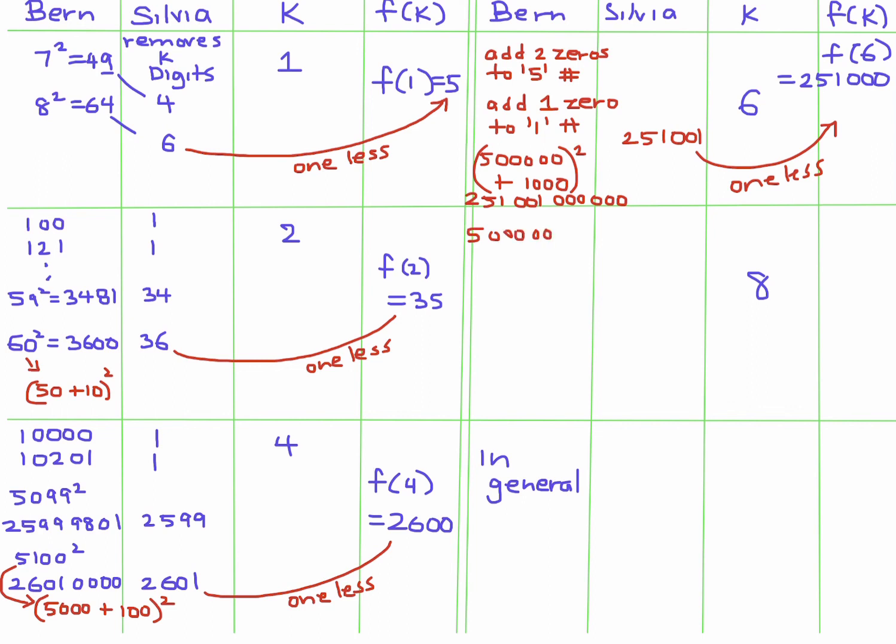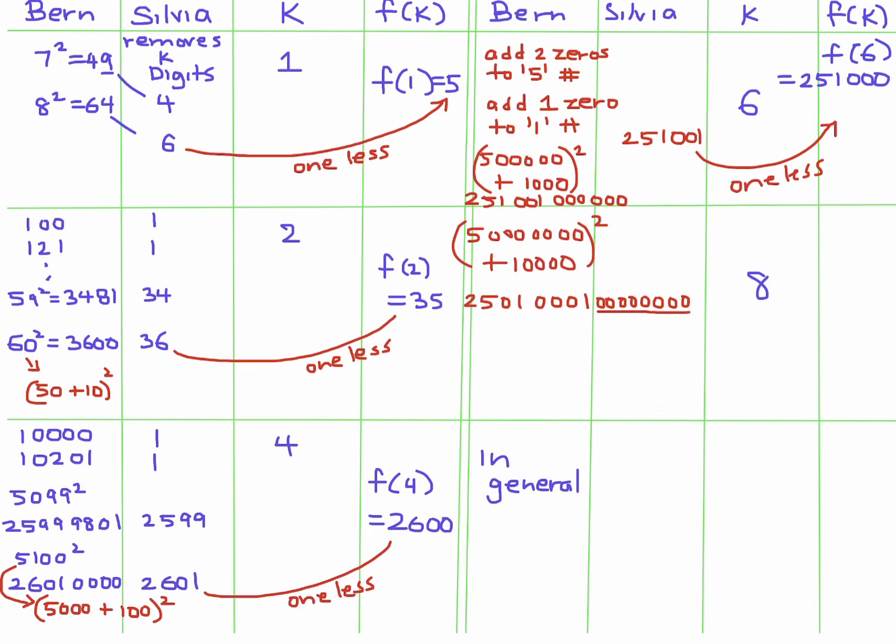5,000,000, adding 2 more zeros, right? So 0, 0 plus 1 more 0 to that. So that just becomes 10,000. Square that. Expand that. It's going to be, oh boy, 250,100,010,000, and another 40,000,000. We're removing 8 this time. So let's see here.